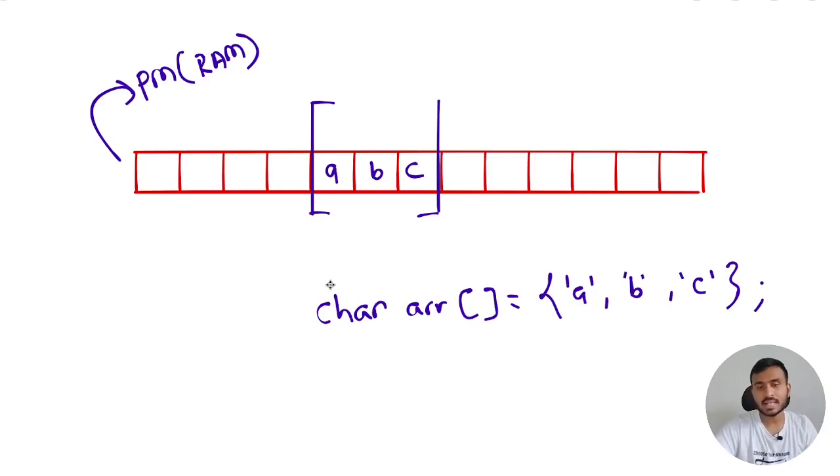See, we have this RAM, this is our primary memory, and in this primary memory we have this a, b, c stored over here. Okay, so whenever we access 0th index of ARR, this is the 0th index, this is the first index, and this is the second index. Now this RAM is a huge memory, and obviously we are going to have some content in all the bytes.